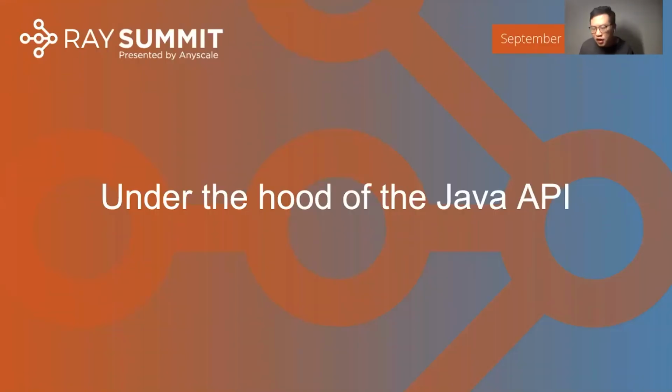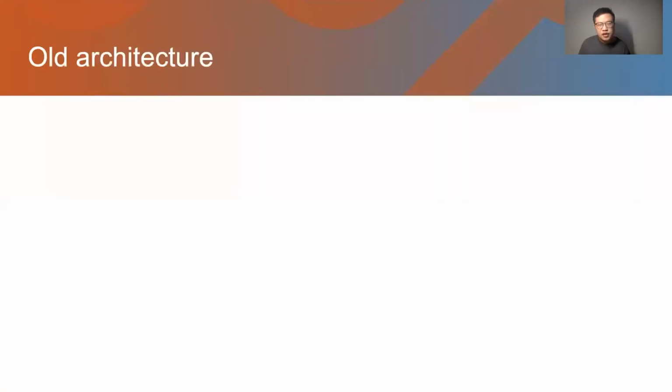Okay, in the next section, I'm going to dive a little bit deeper into the implementation of the Java API. I will talk about how we implemented it. Previously, when Ray only supported Python, the old architecture was very simple.